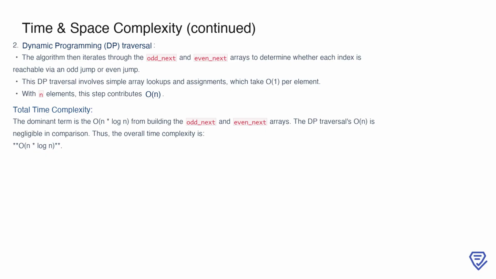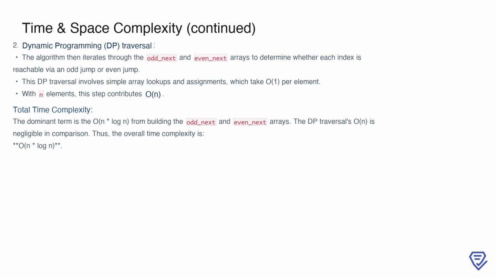Once the odd_next and even_next arrays are constructed, the algorithm proceeds with a dynamic programming traversal to determine reachability for each index. This involves simple lookups and assignments within the odd_next and even_next arrays. Since these operations take constant time, or O(1), for each index, and there are n indices in total, this step contributes n time complexity.